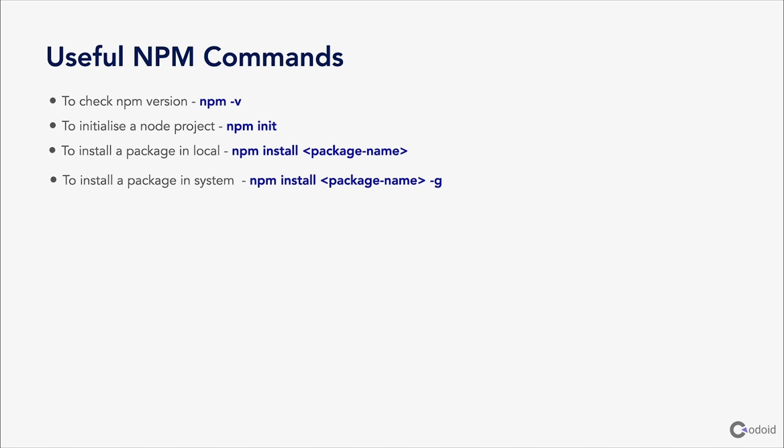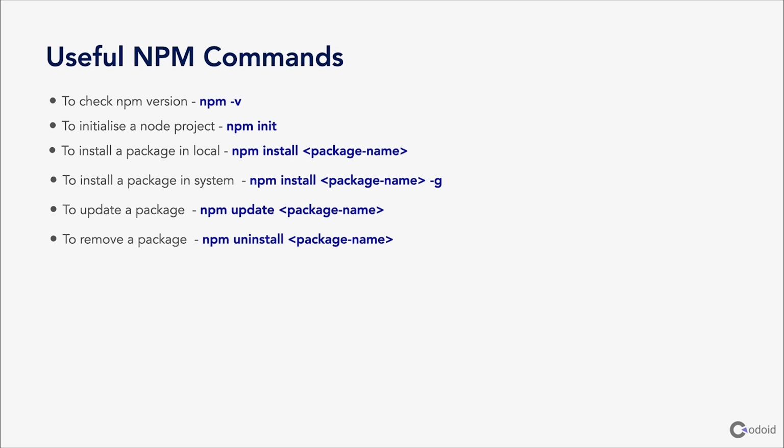To install it in your system, you have to use -g, which denotes global. To update a package, use npm update and then the package name. To remove a package, use npm uninstall and then give the package name. And to install a specific package version, follow the package name with @ and then the version.